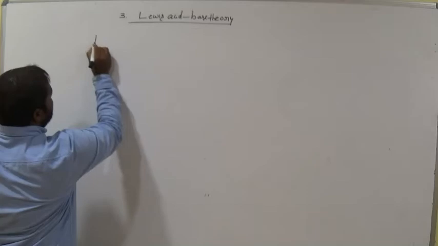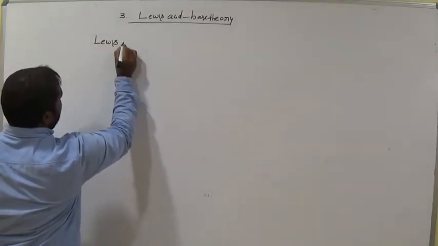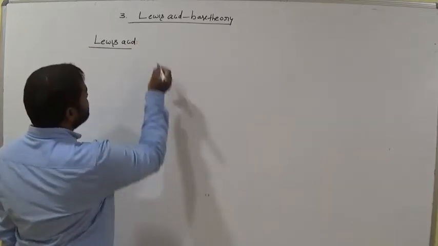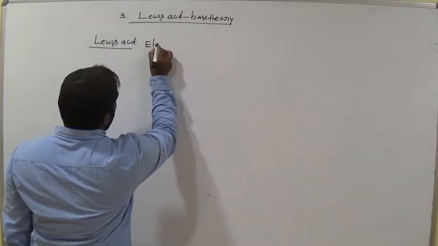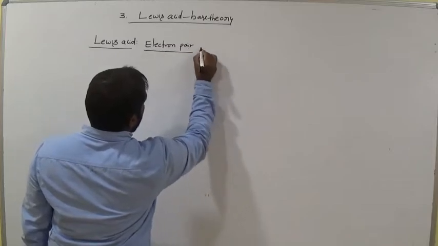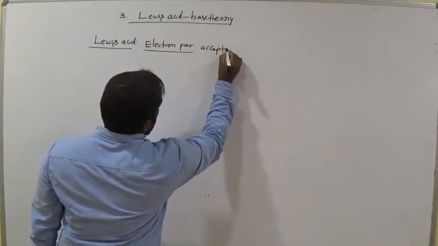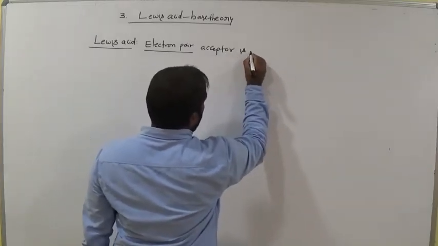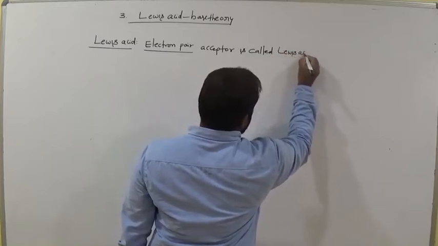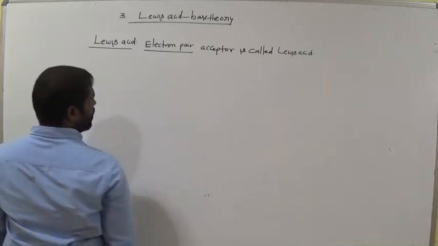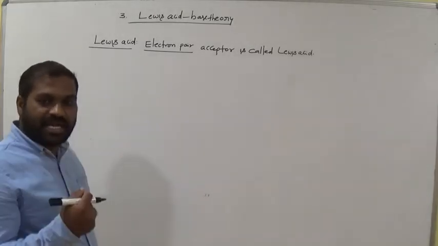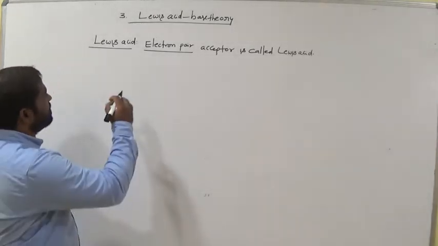So Lewis acid means electron pair acceptor is called Lewis acid. Electron pair means 2 electrons. If any component accepts 2 electrons from another compound, then we call it a Lewis acid.